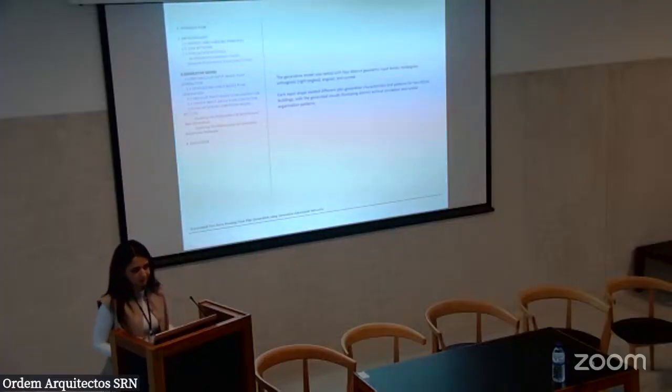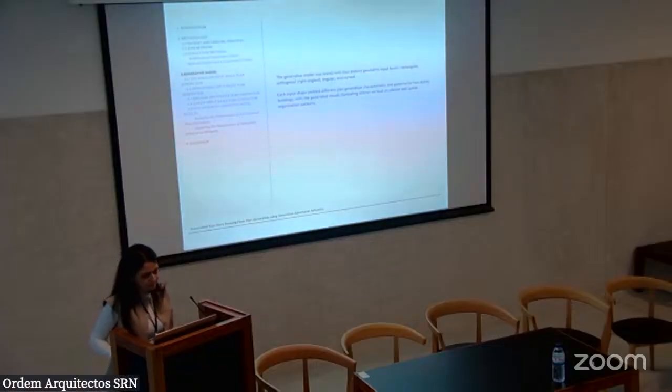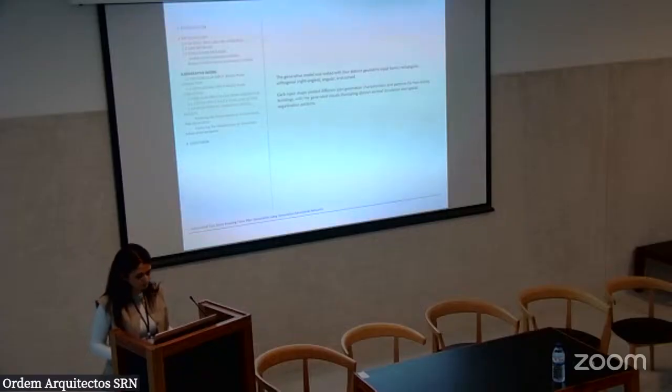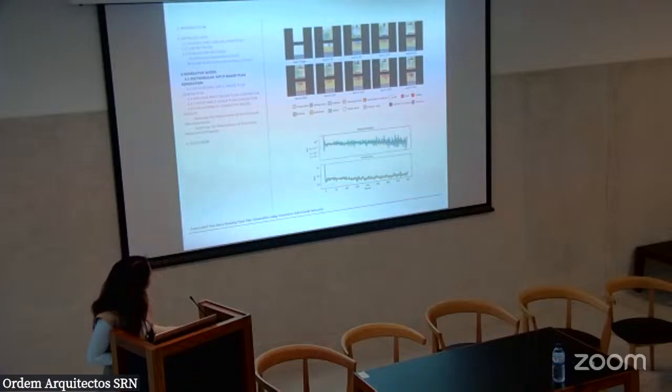So as I mentioned, for the generative model, we tested 4 distinct geometries: rectangular, orthogonal, angular, and curved inputs. They have their own characteristics and patterns in terms of these 2-story buildings. So this is the rectangular input based image. You can see the first one is our input.